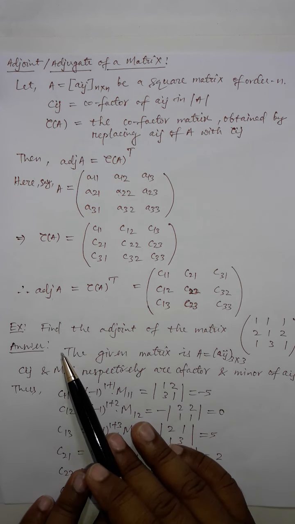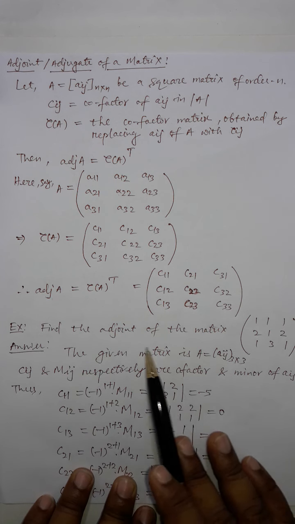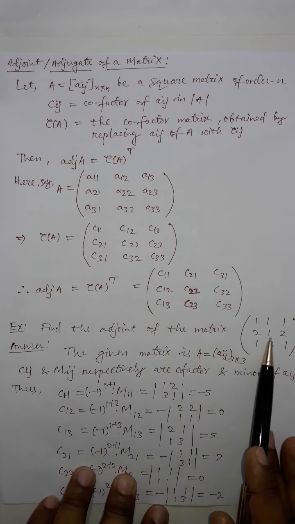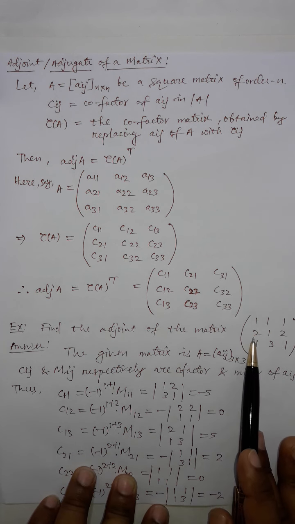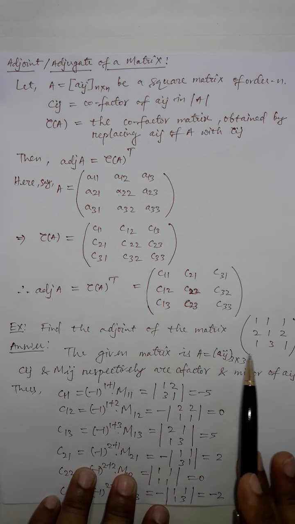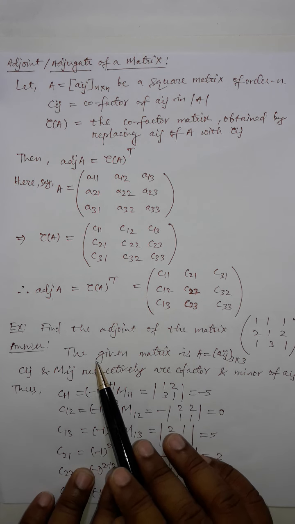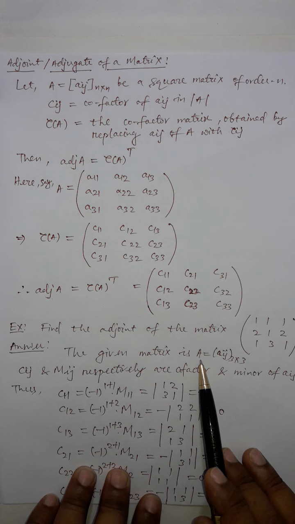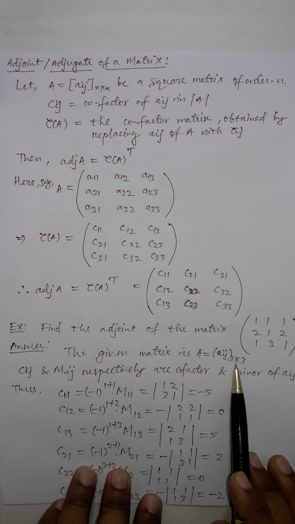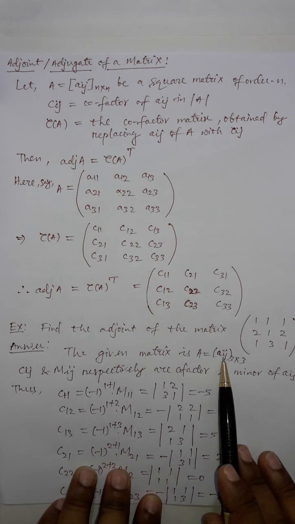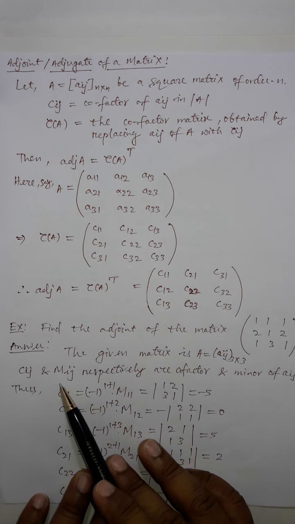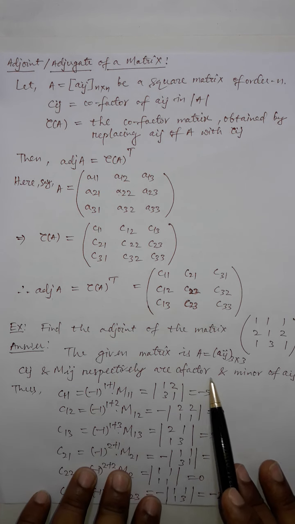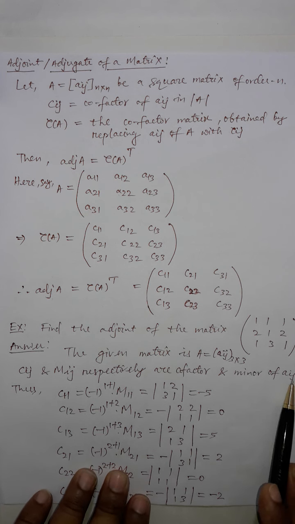So, friends, let us try to discuss this through one example. The question is to find the adjoint of the given 3 by 3 square matrix, where the elements row wise are 1 1 1, 2 1 2 and 1 3 1. First, let us name this matrix by the letter A, which is a 3 by 3 order matrix, whose representative elements are Aij, and Cij and Mij are respectively the cofactor and the minor of the element Aij.